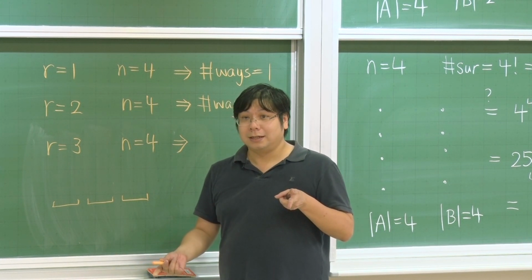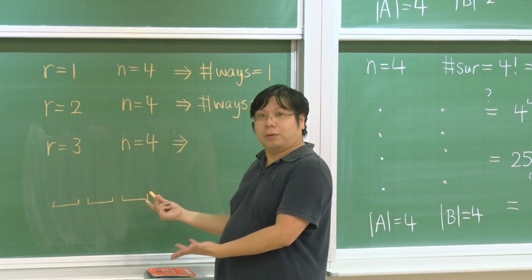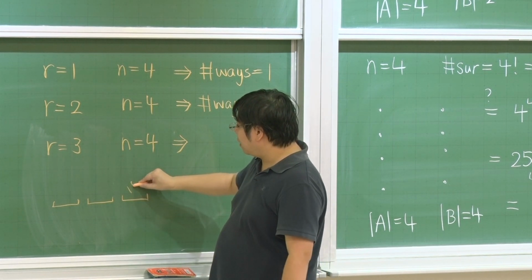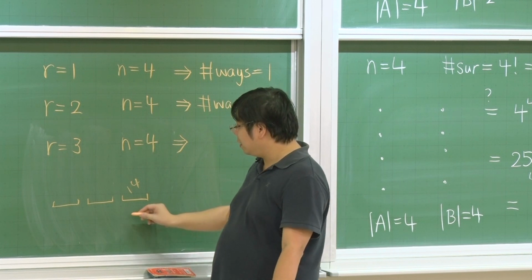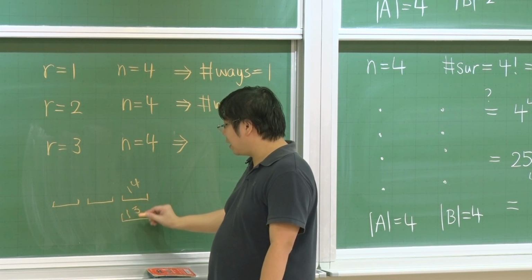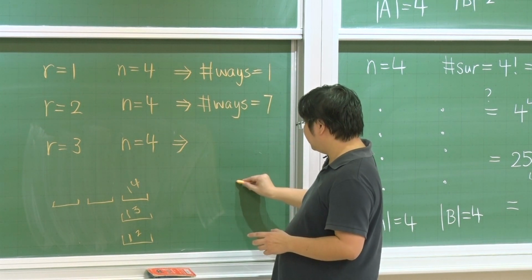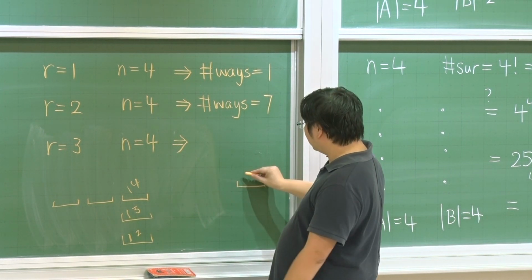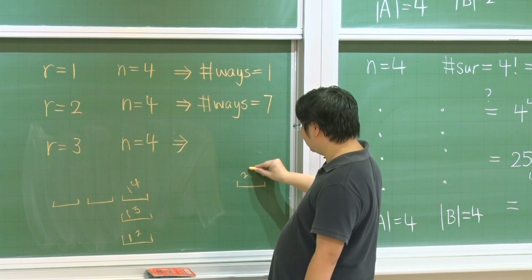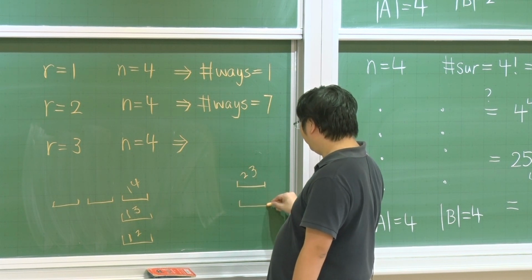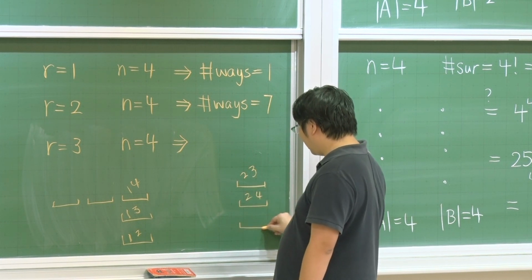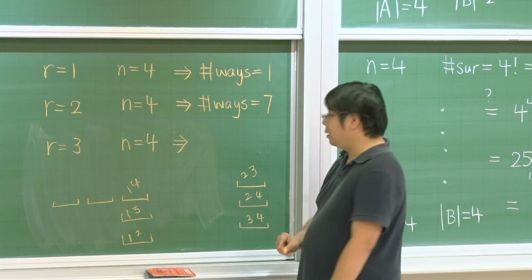Is that okay? So what can happen for the remaining box? You may have 1, 4 together, or 1, 3 together, 1, 2 together, 2, 3 together, 2, 4 together, and then 3, 4 together. Is that okay?